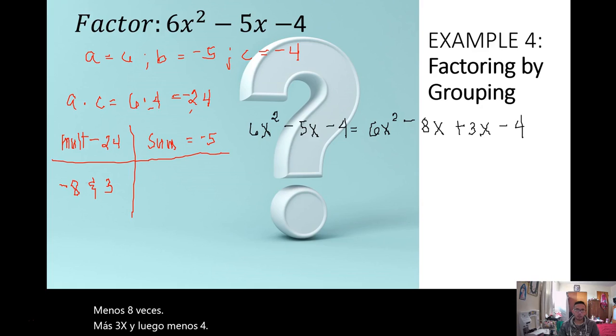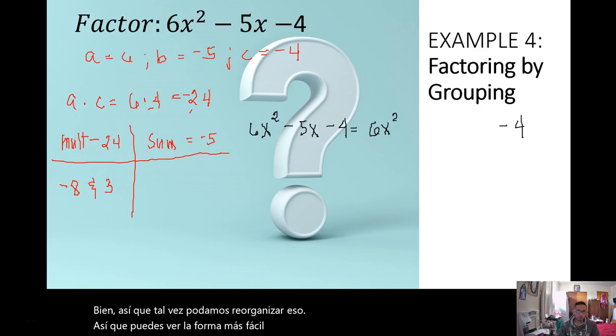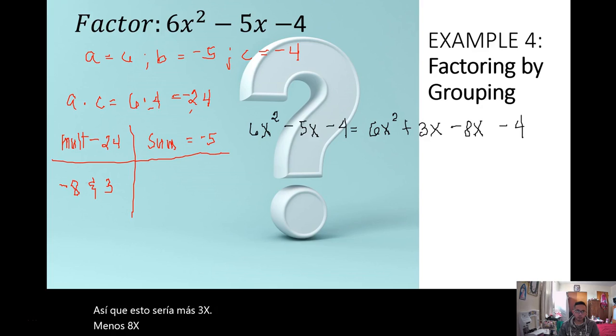Okay, so maybe we can rearrange that. I'll rearrange that, sorry, so you can see the easiest way to factor them. So this would be plus 3x minus 8x. And then you group them together.